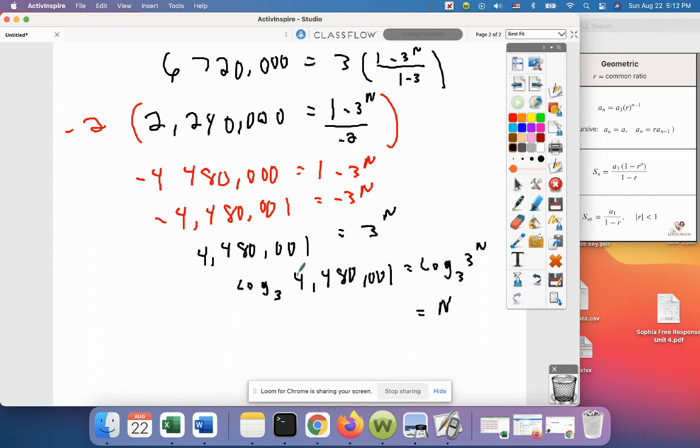And this just confirmed exactly what's in the answer key. So this is 13.9404, which is approximately 14, about 14 years, about 13.94 years to be exact, in order for the infected people to reach that particular amount.